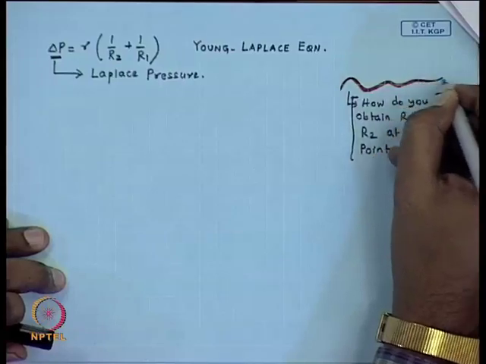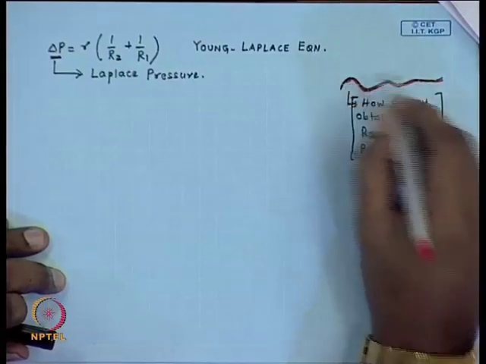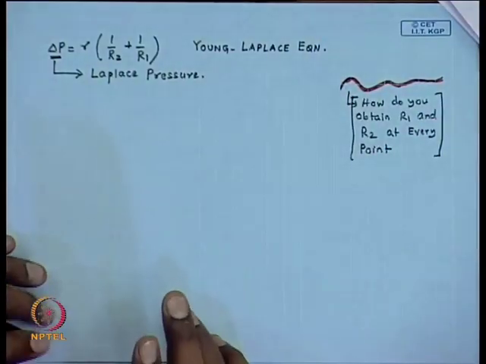Consequently, the Laplace pressure at every point varies. If you want to find the Laplace pressure at every point, you need to know the radius of curvatures at every point, but then how do you measure it? It is not that easy. The equation is very simple, but measuring the radius of curvature is not going to be that simple.